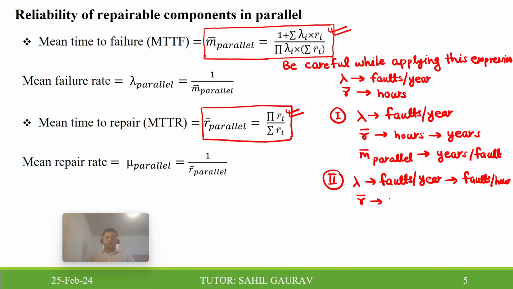That is the mean repair time. Upon doing this, you will get m bar parallel in hours per fault.